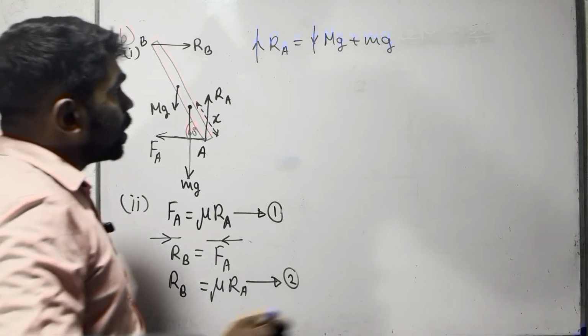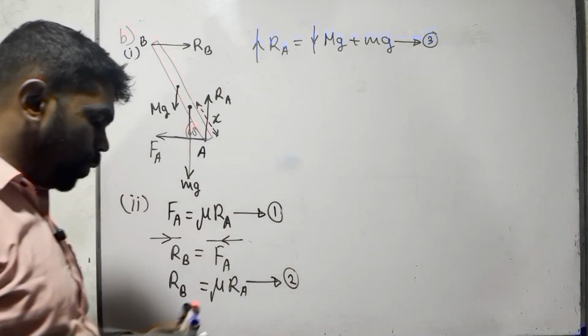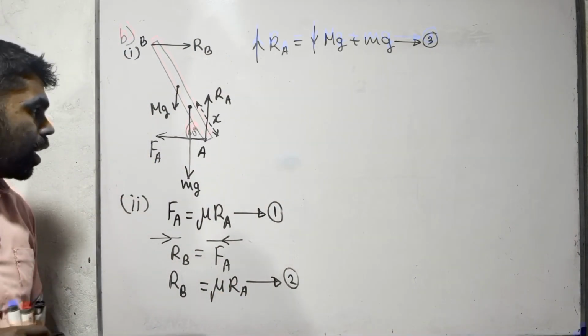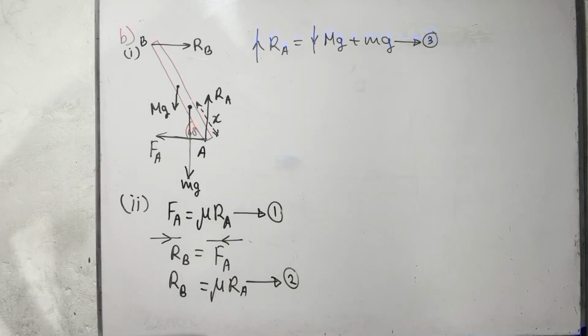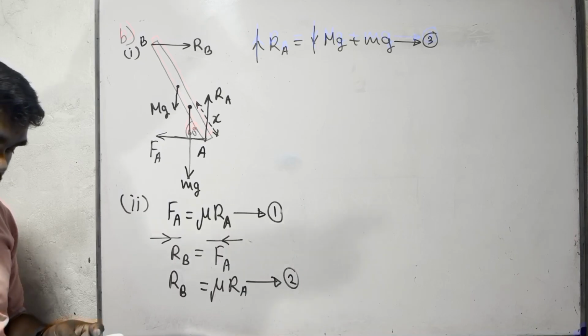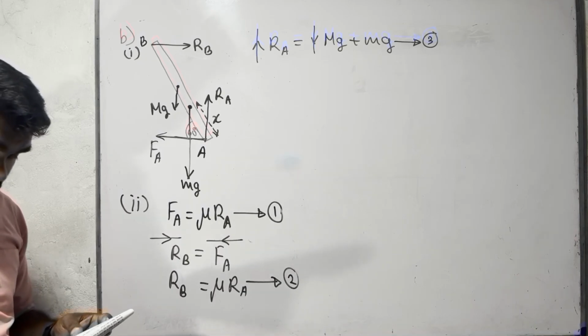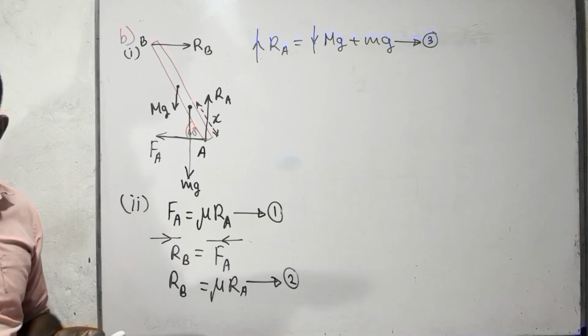Now there are three relationships. I will use these three relationships to substitute, then solve the problem by getting torque around point A. In the question they have given that we have to consider torque around point A.